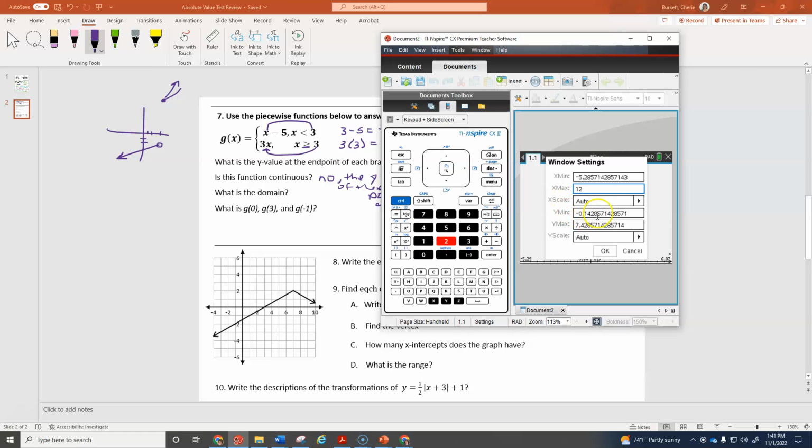Oh no, I don't need that much. It was the y value that needs to be up at 12, and the bottom one needs to be like at -6.